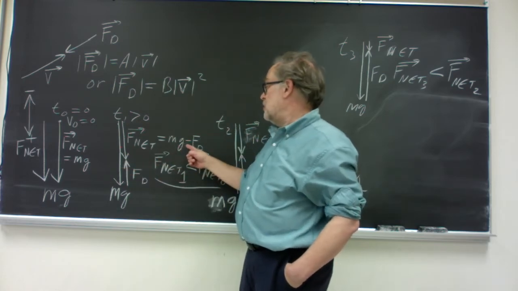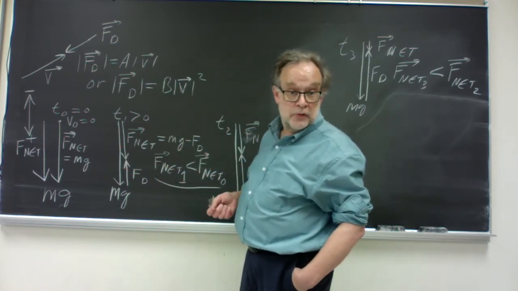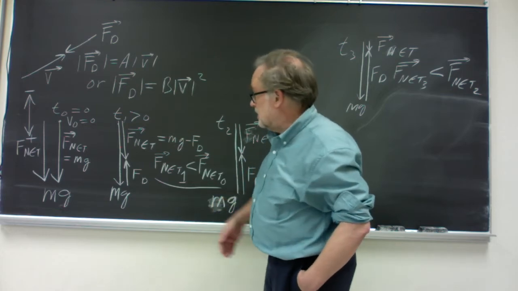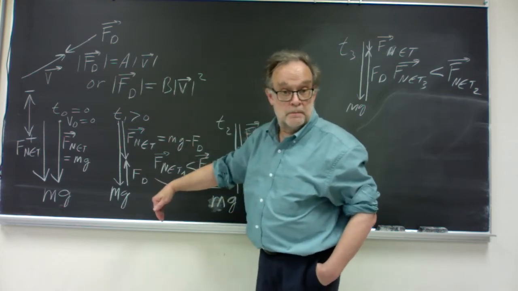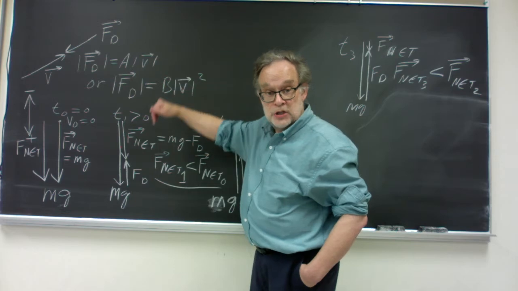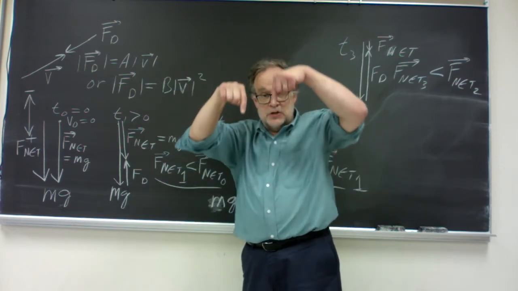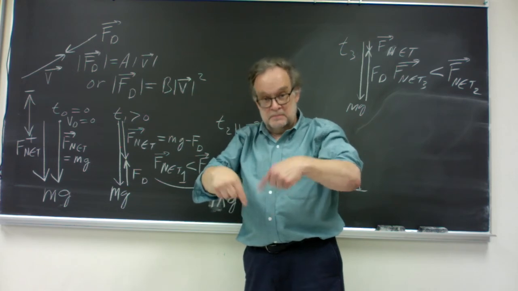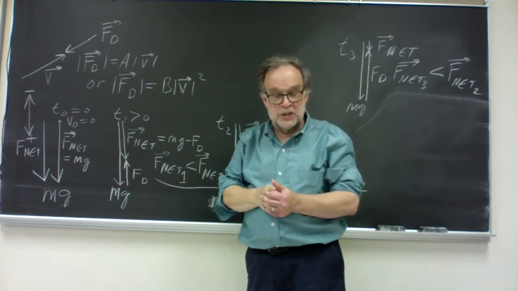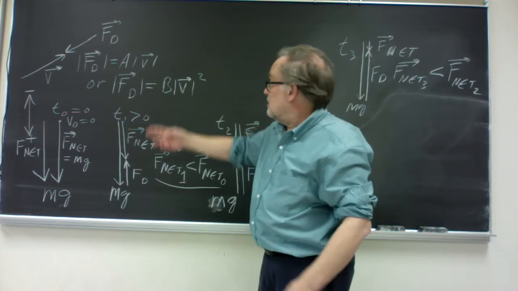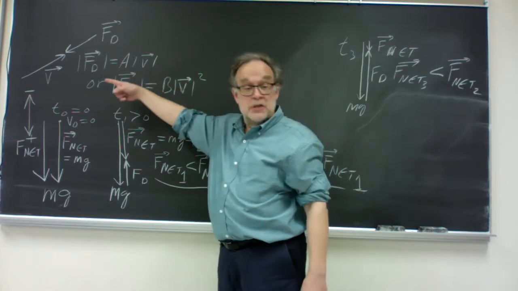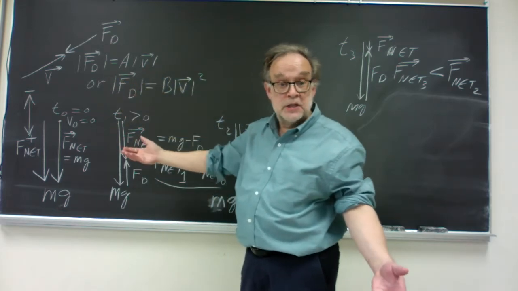Now it's m times g minus a little bit of drag force. But still, there's net force down, so there's acceleration down. That downward acceleration is in the same direction as velocity, so the falling object continues to speed up. And as it continues to speed up, speed increases, so drag force increases a little more.